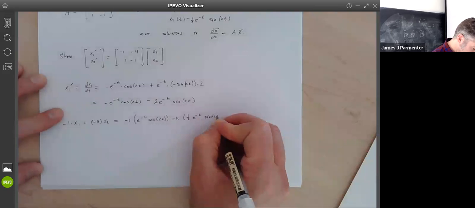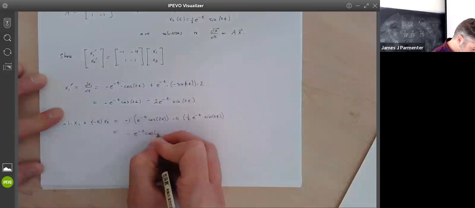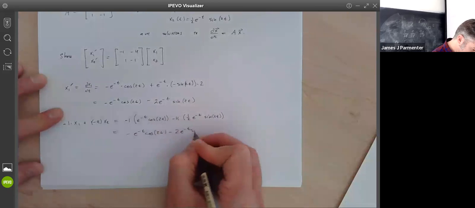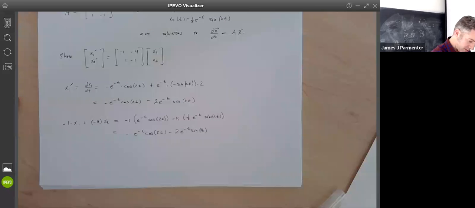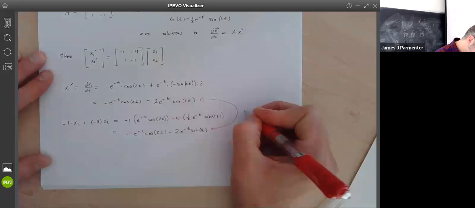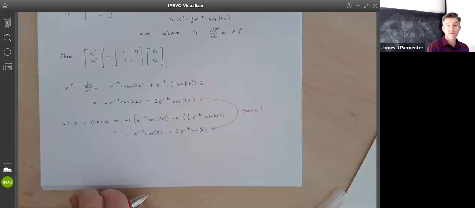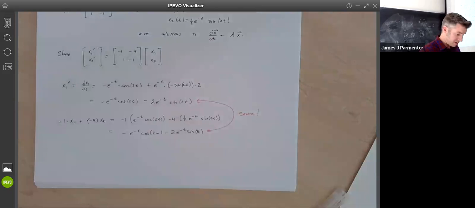Yeah, that looks good. That's going to be negative e to the negative t cosine of 2t minus 2 e to the negative t sine of 2t. And we can see that, yeah, these are equal to each other. So we haven't fully checked, right? We checked that the x1 part works. We have to also check the x2 part works.